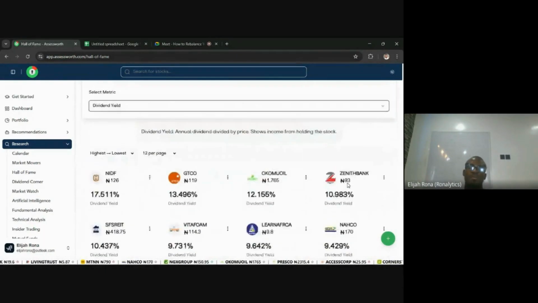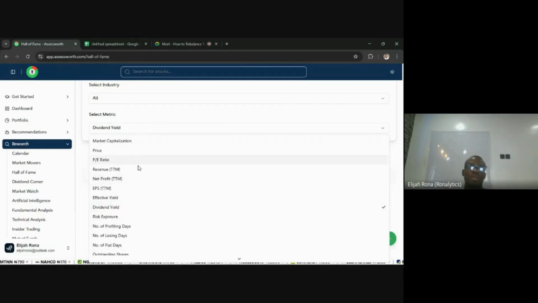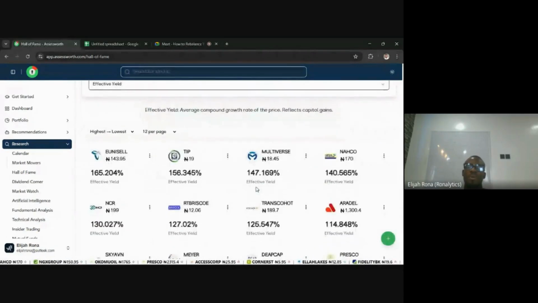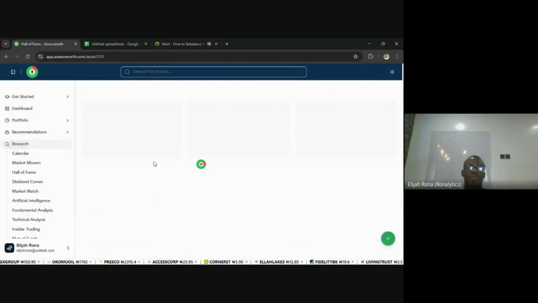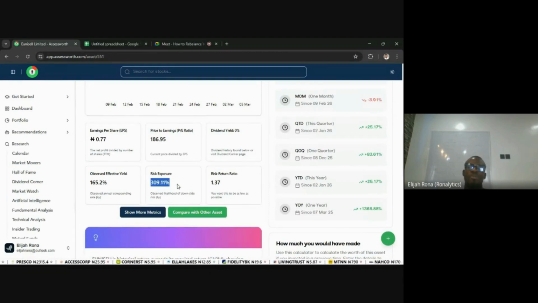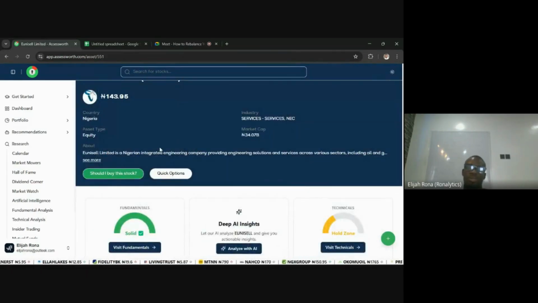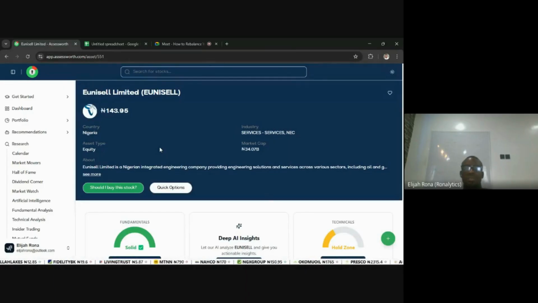If it's effective yields, you can also select effective yields and see them here. But mind you, high effective yields could come with very high risk exposure, so you need to know what you are doing. Look at the risk exposure, very, very high. It's according to the type of investor that you are. I wish I understood the question even more, but there's no context. So let's move to the next.